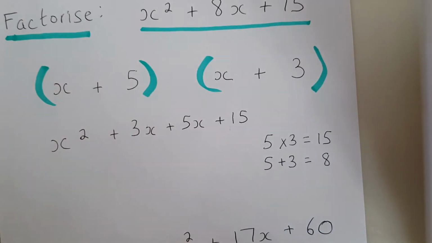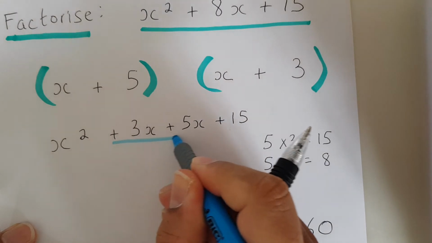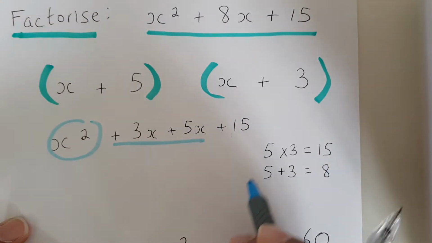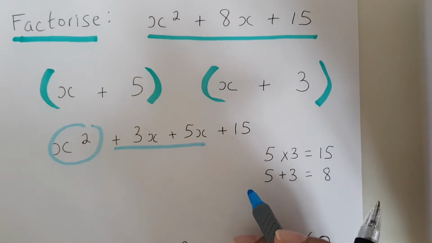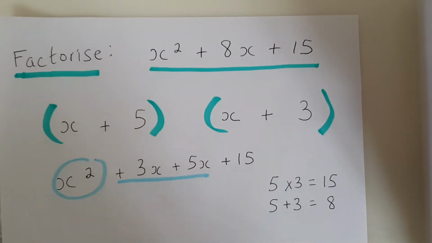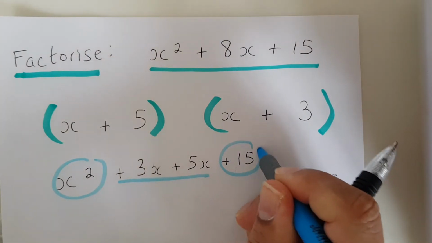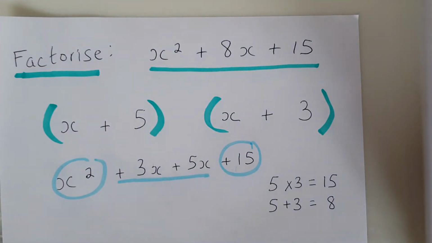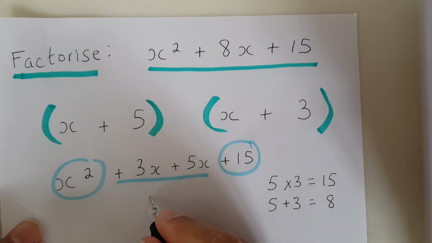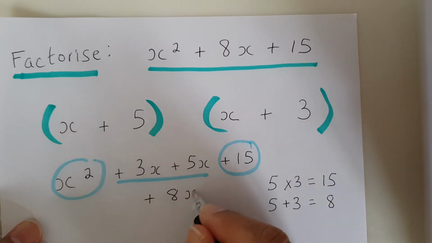Now remember, we put the like terms together. So we've got our x squared, we've got our 15. Now all we do is put these two together, 3 plus 5 is plus 8, so positive.